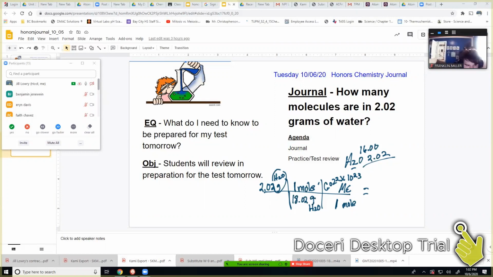All right, just double check that my units canceled. They did. I'm left with just molecules, which is what I needed. So I would multiply across 2.02 times Avogadro's number, and I would get myself an answer and divide by 18.02. I started with 3 sig figs, so I would want my answer to have 3 sig figs.